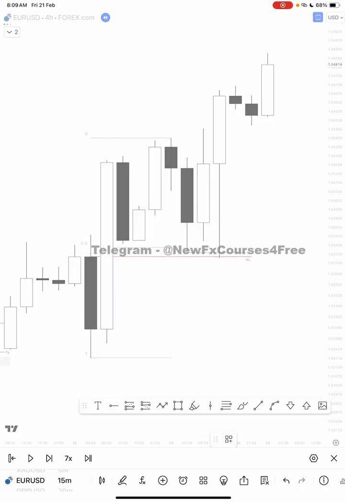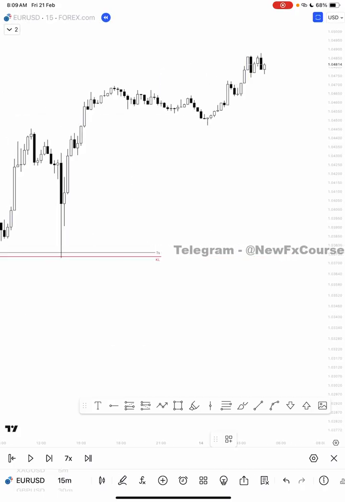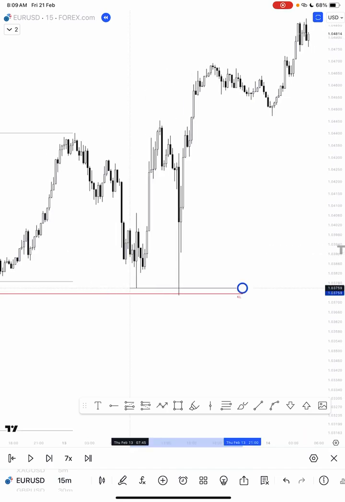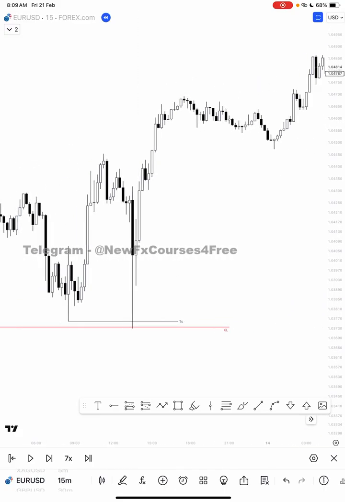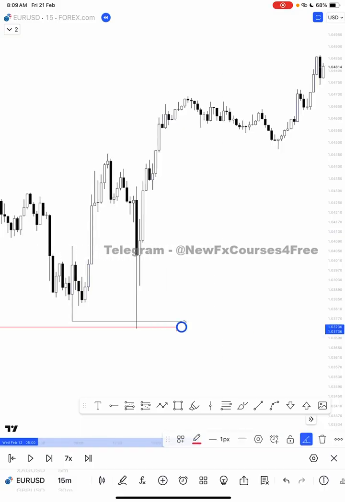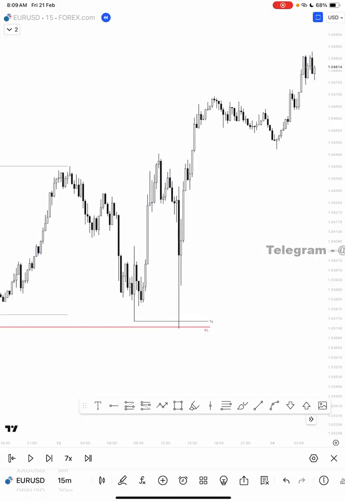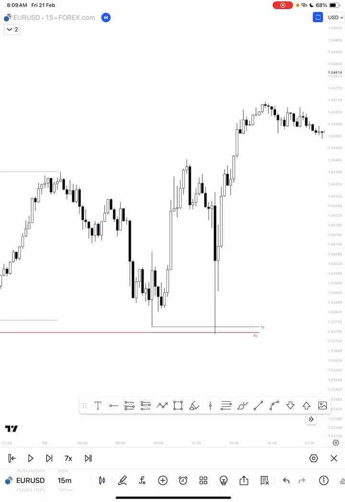From the 4-hour key level, you go to the 50-minute time frame. Remember, time frame alignment. So this news, there was a news on the EUR/USD. This news, this was 13:30. This news actually manipulated down and tapped on this key level.